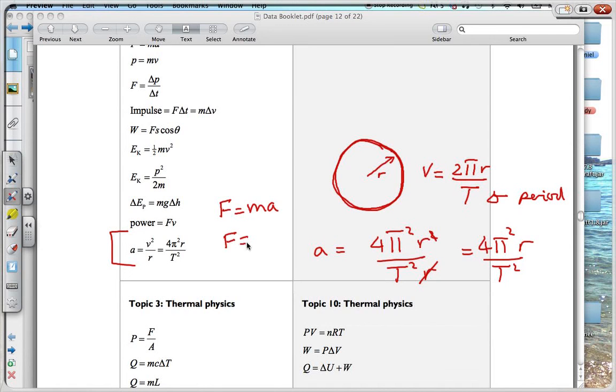Therefore we can write force is equal to mv squared over r, or F is equal to 4 pi squared mr over T squared. And this is the centripetal force. This is the force that is required to keep the object moving in a circle. Okay, so those are the major formulas that we have been discussing in this section and in Unit 2. Thank you.